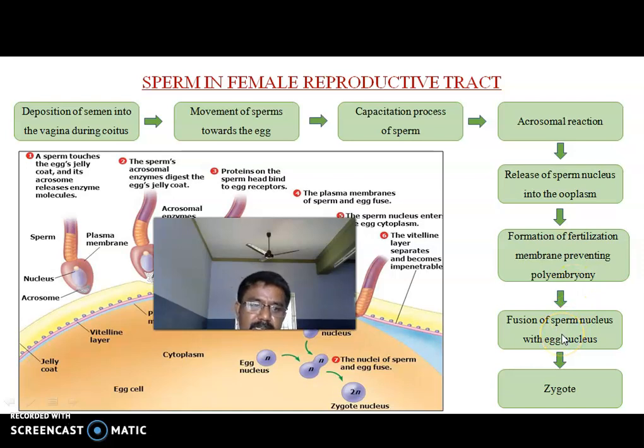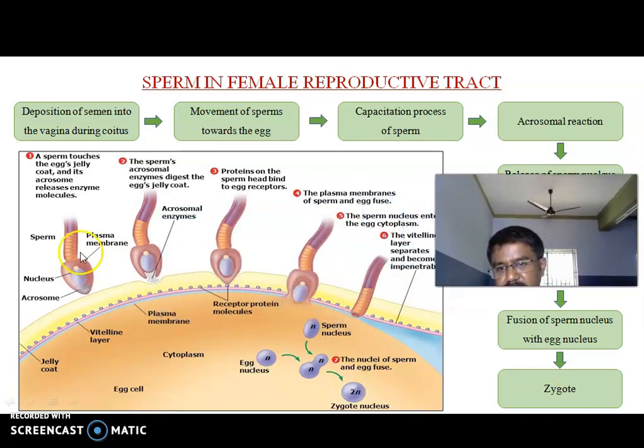After that, the fusion of the sperm nucleus with the egg nucleus. The final stage is called the zygote. The n number of chromosomes is present in the sperm, and the n number of chromosomes is present in the ovum. The fusion gives 2n, and the process is called fertilization. The fertilized egg is called the zygote, right?